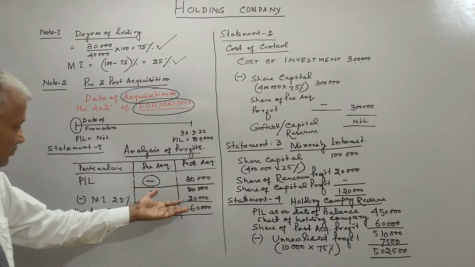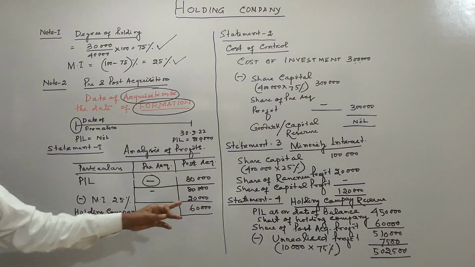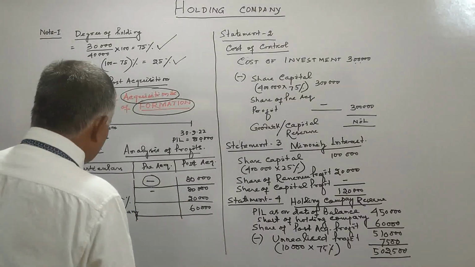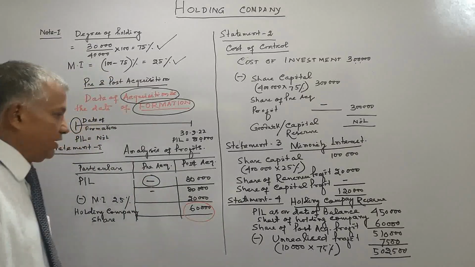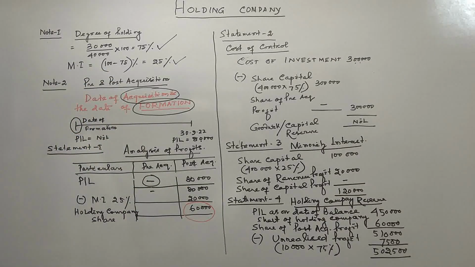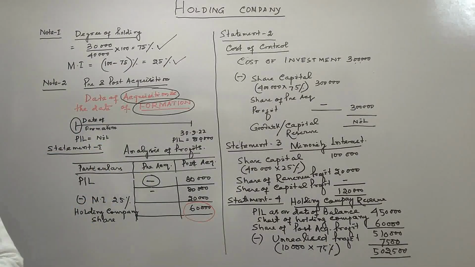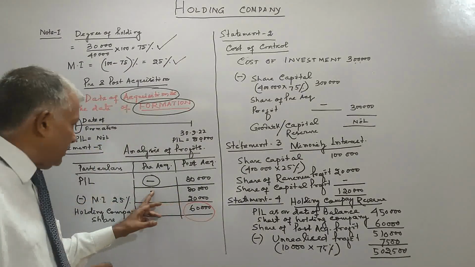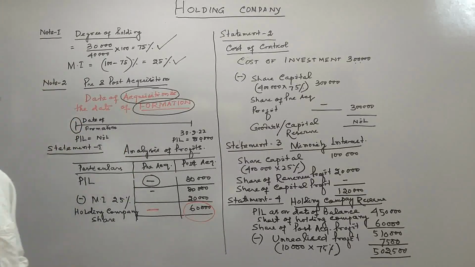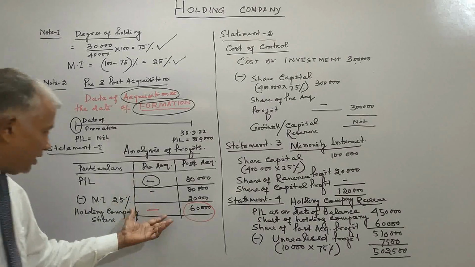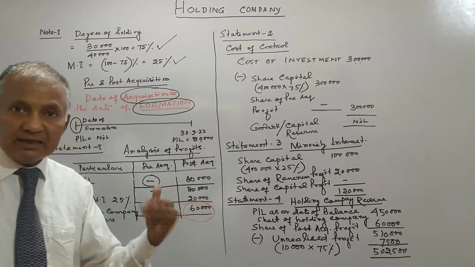Now the minority: from 80,000, 25% is 20,000. So the holding company share is 60,000. This 60,000 is the holding company's post acquisition profit. There is no pre-acquisition profit. Pre-acquisition profit is nil, so capital profit is nil and revenue profit is 60,000.